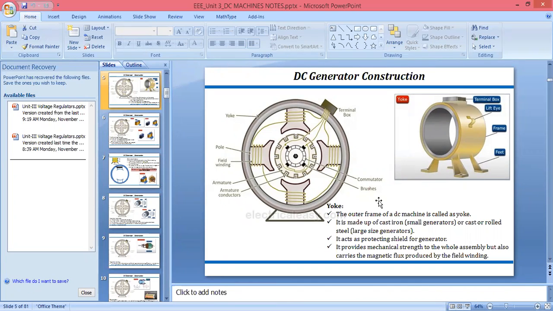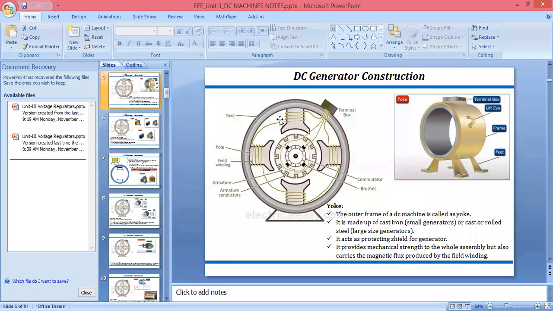Then if you see on the armature winding, we are doing the field winding on these poles, and these poles are inside the yoke, and these poles are called a stationary part because they will not rotate. The poles are only used to produce the magnetic flux.